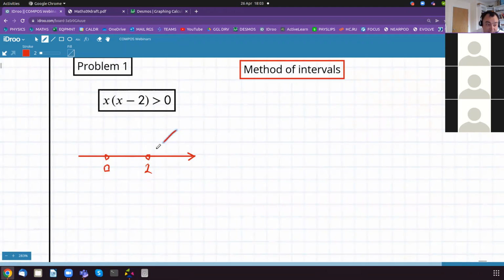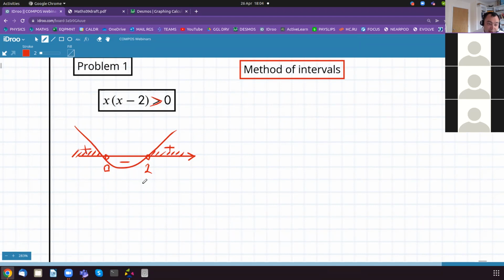In this case, it is a parabola, which is going like this. And it's positive here, and negative here. So all we need is to write down where it is positive, because it says positive. So we are interested in these two intervals.